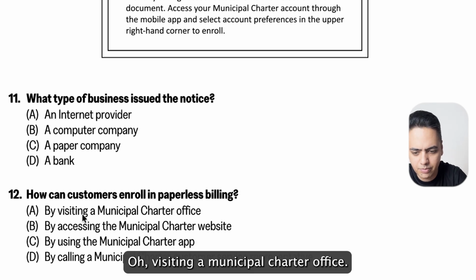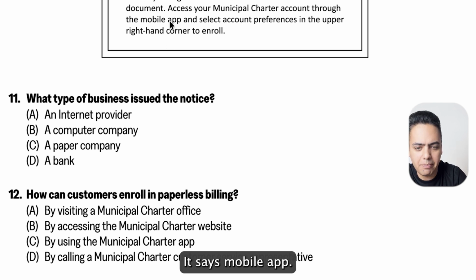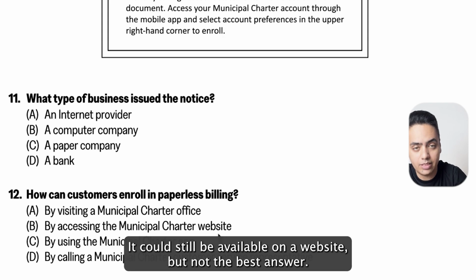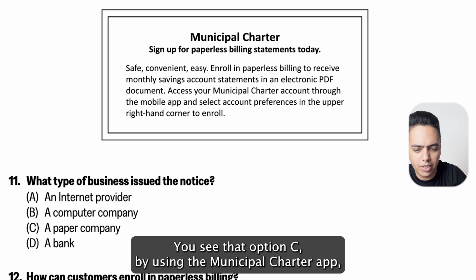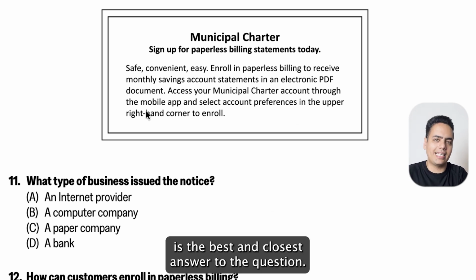You see that, oh, visiting a municipal charter office. So not a portal. Website. It says mobile app. So website may not be the best answer. It could still be available on a website, but not the best answer. You see that option C, by using the municipal charter app, is the best and closest answer to the question.